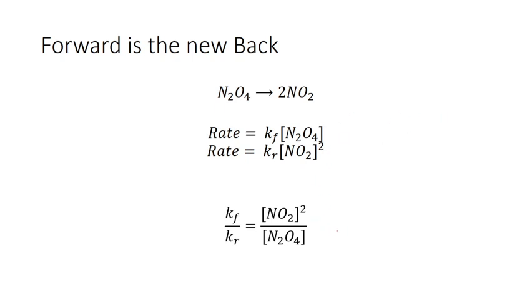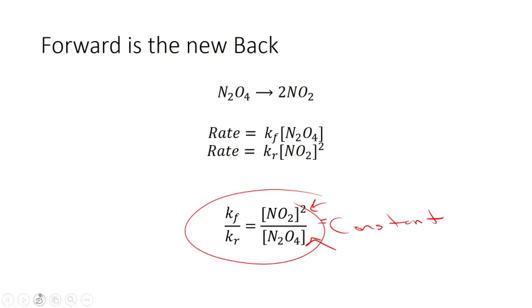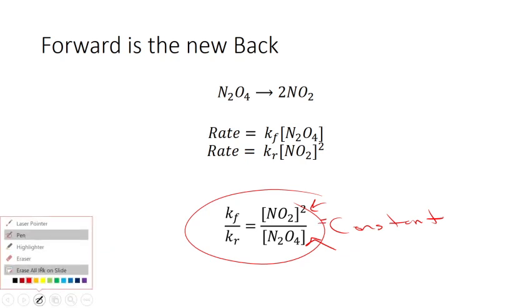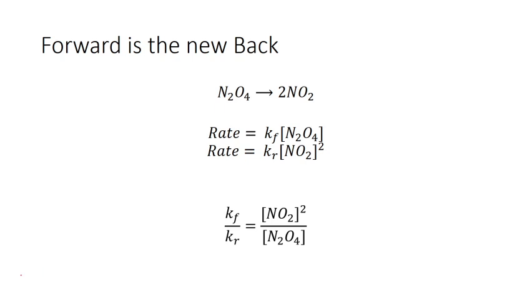If these are at equilibrium, this will be constant. These things will not change. The concentrations will be constant, and this whole thing should equal a constant. All right, so hold on to that thought.